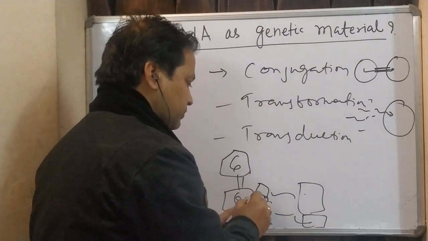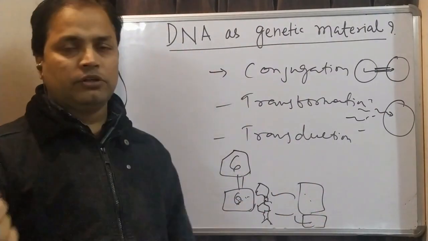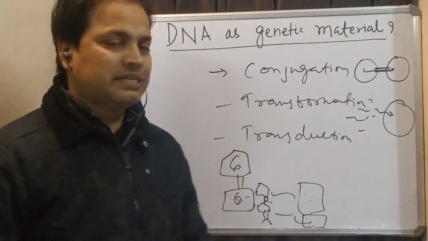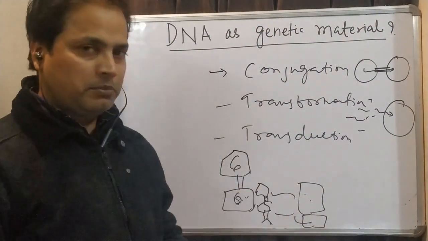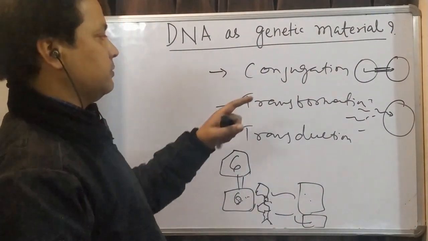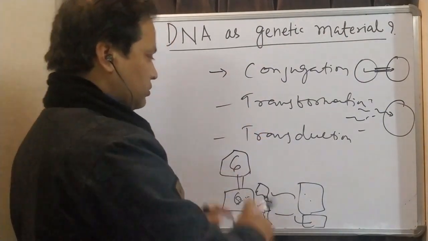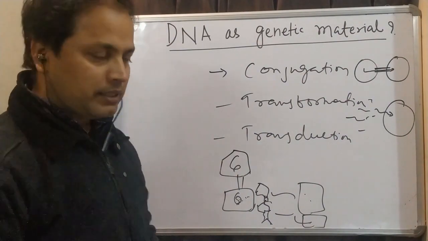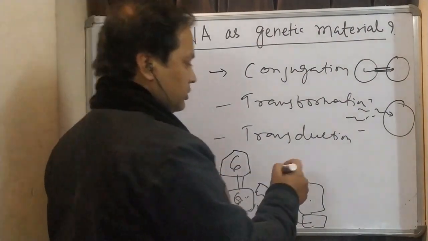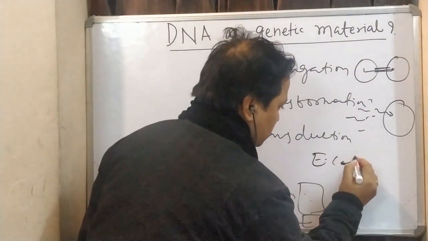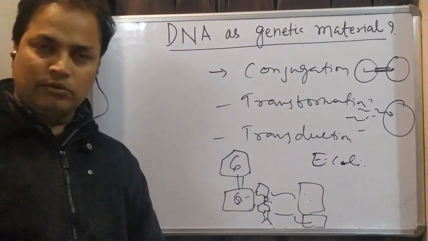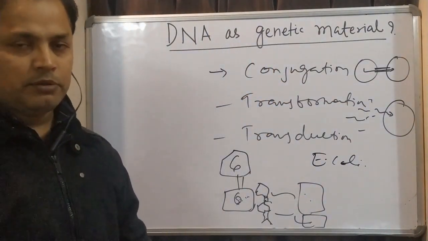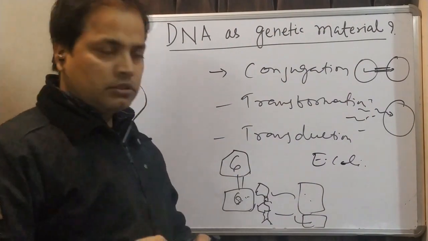The genetic material is transferred through the bacteriophage, which is called the transduction process. In the Hershey and Chase experiment, this process is used. They use bacteriophage to infect bacteria. The bacteria they used is E. coli, which is very easily grown. In every microbiological lab, you can culture and grow E.